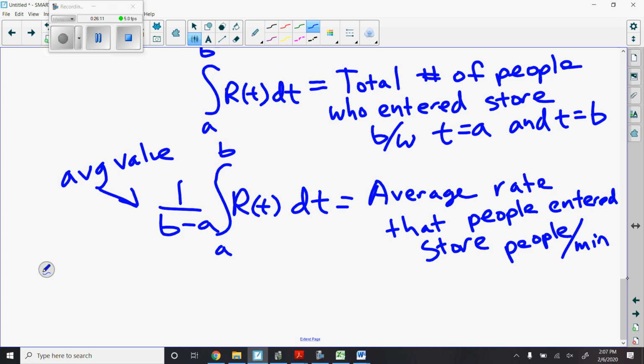The unit for just the definite integral would be people, but the average value integral would still be whatever R of t's units were, which might have been people per minute.